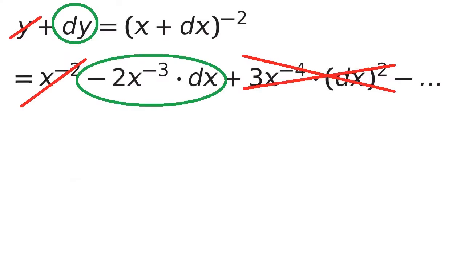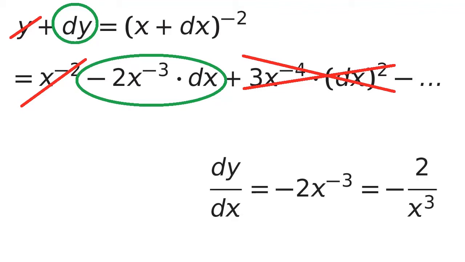Again, remove the y and the x to the negative 2 from the picture, and we end up with dy by dx is negative 2 times x to the minus 3. Which is cool, because that fits with our conjecture, the conjecture that we conjectured previously.